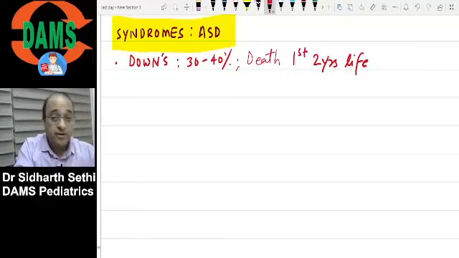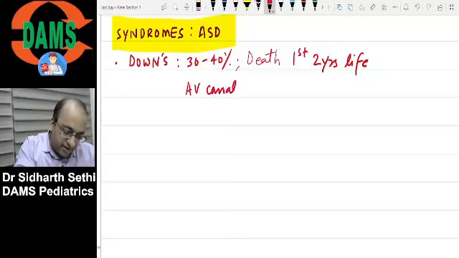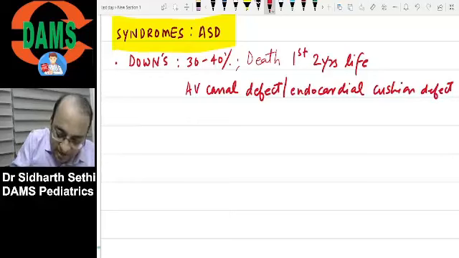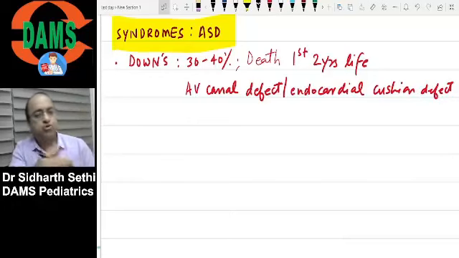The most common heart disease in Downs is AV canal defect, which is also called endocardial cushion defect. What are these cushions?